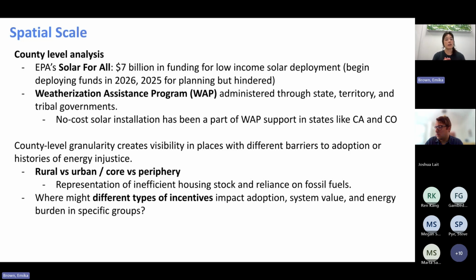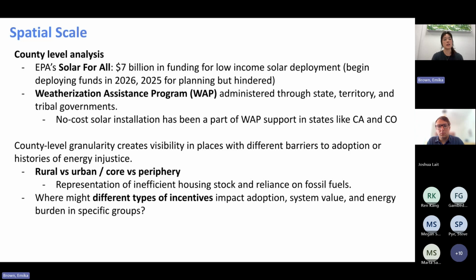But having greater granularity, especially spatially, allows for better representation and study of inefficient housing stock and reliance on fossil fuels, and what that might mean for solar storage and heat pump cost efficacy, and where different types of interventions would be needed as opposed to individual adoption of DERs, especially in places that have different vulnerabilities.